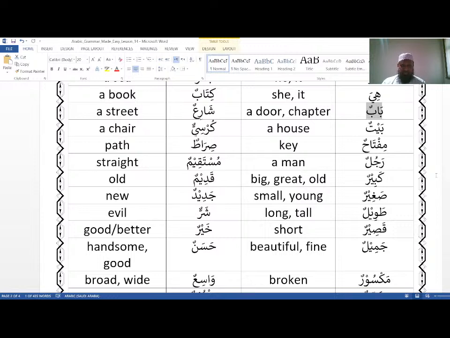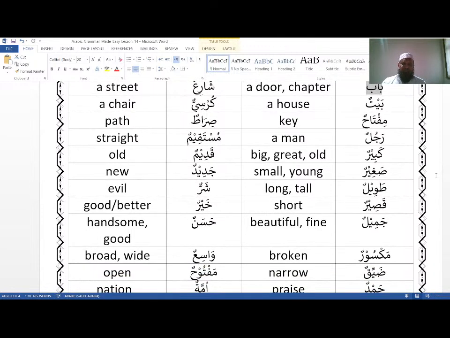Description ism, yes. Muannas will be wasi'atun. Maftuhun, open, is a description ism. Muannas will be maftuhatun.